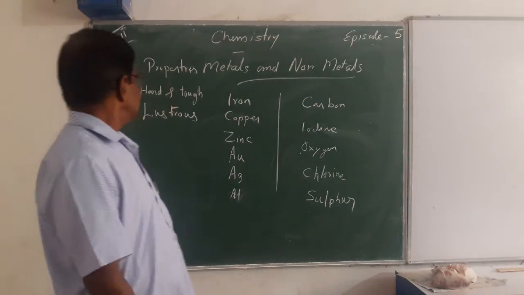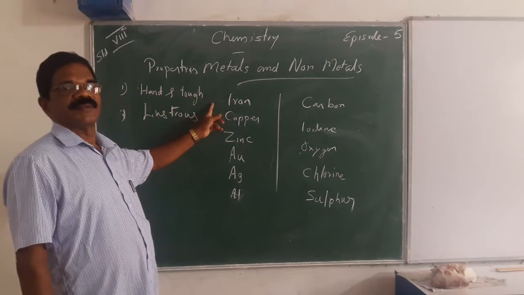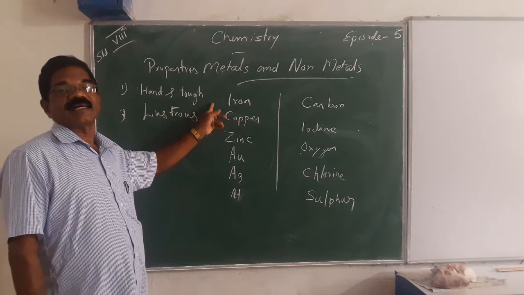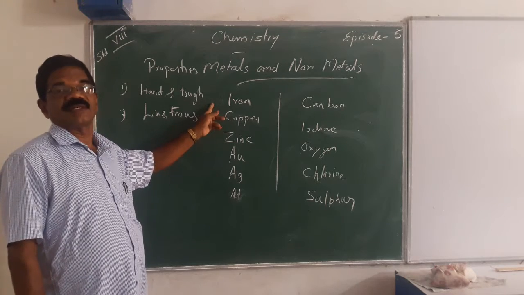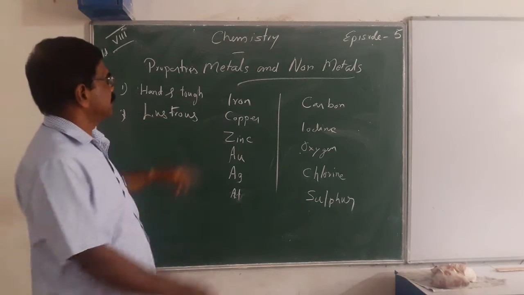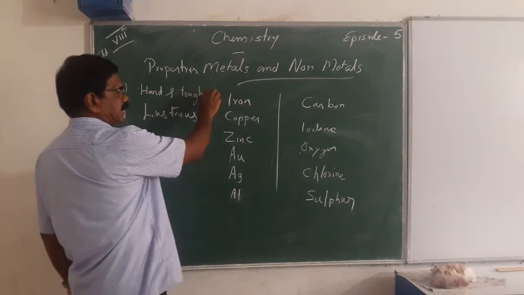We are saying that all metals are hard and tough. Almost all metals are, but there are two metals that are not hard. The soft metals are sodium and potassium.